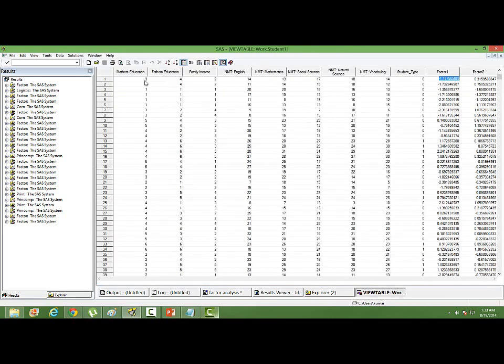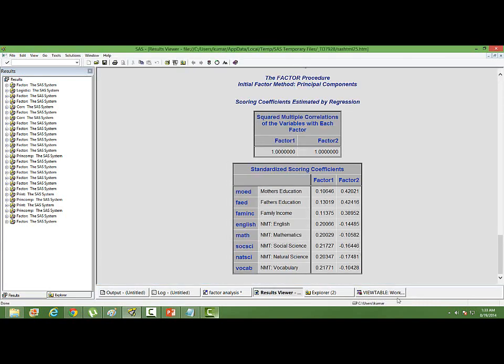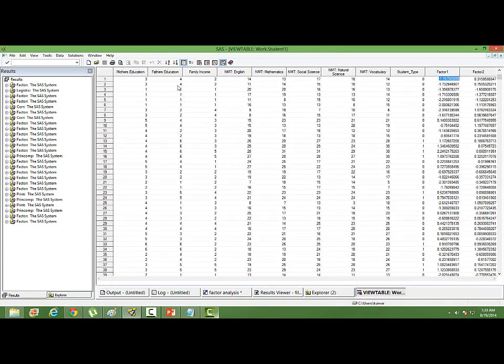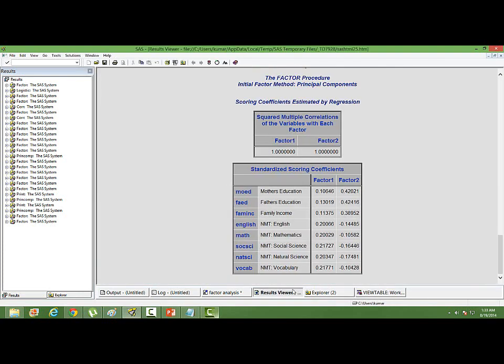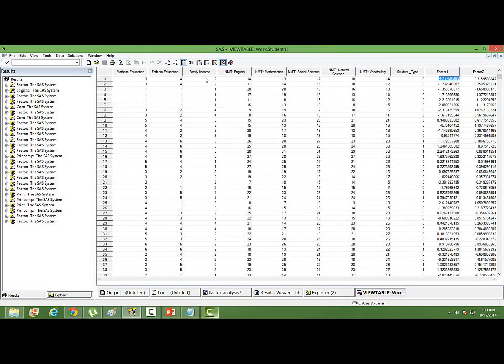So 0.10 into 3 plus 0.13 father's education into 4 plus 0.11 family income into 2 and so on. So it's a linear combination. It's a sum product of your factor loadings and the corresponding values of your input data sets. That's how we compute the principal component.